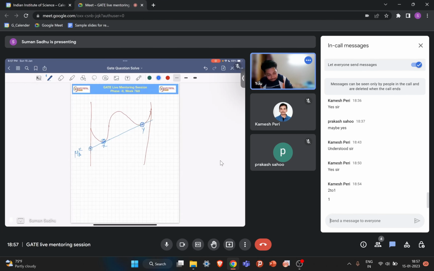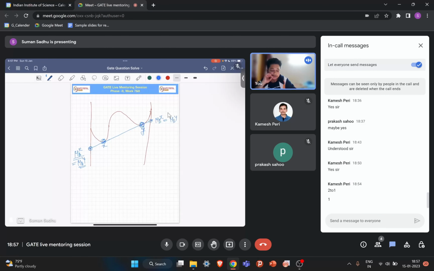The same point, right? Because the tangent is common to both of these points. So mu A x is equal to mu A y. Similarly, on this side, mu B x is equal to mu B y. That means the chemical potential of A in the X phase is equal to the chemical potential of A in the Y phase. If the chemical potential is the same in both phases, then it is at equilibrium.